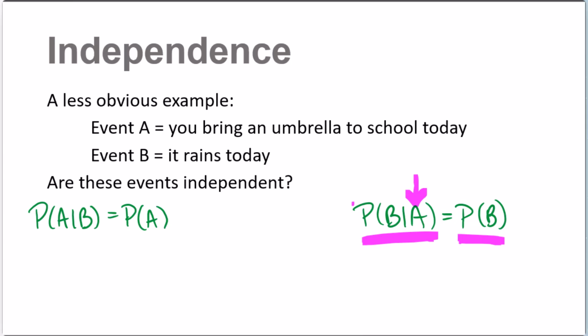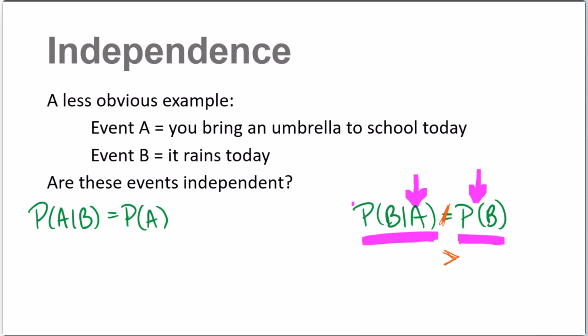And this is not because me bringing an umbrella makes rain more likely, right? I don't have any causal effect on the weather, but the condition that I brought an umbrella to school means that that day is more likely to be a rainy day versus just a generic day. So that would indicate that assuming that my bringing an umbrella was based on some kind of evidence that there might be rain, these probabilities wouldn't be the same. The probability of B given A would be a little bigger than the probability of B.